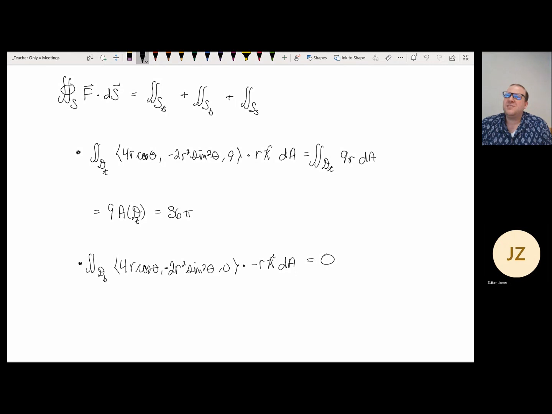Not entirely sure. It's 0. Remember, you're only doing the k component, because k hat is 0, 0, 1. So the whole thing just goes to 0. Right? Integral of 0 is just 0, so that's really nice.